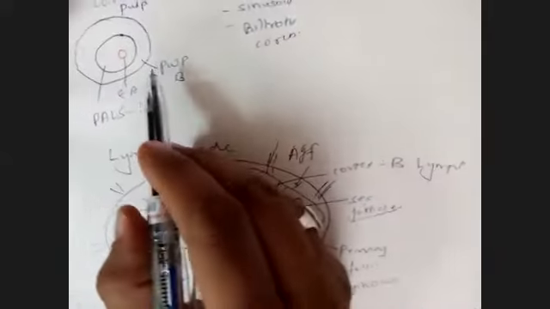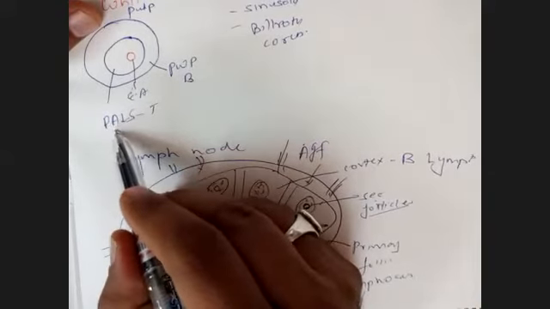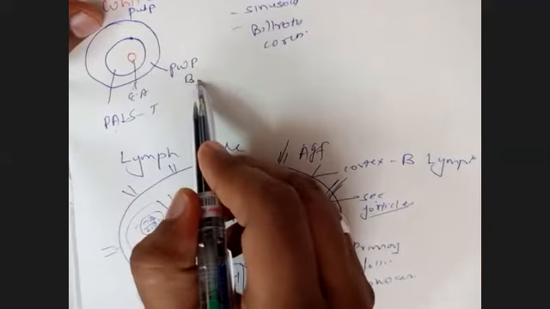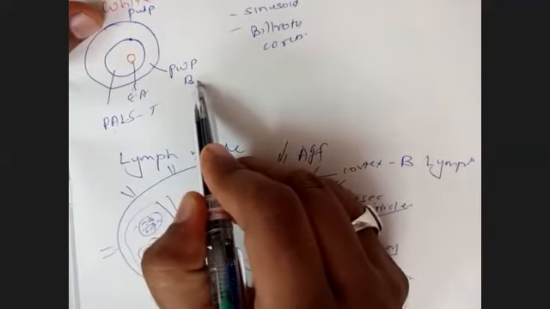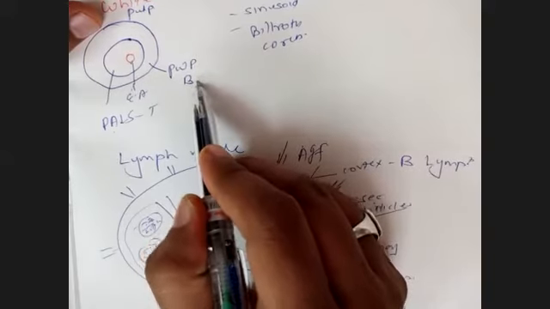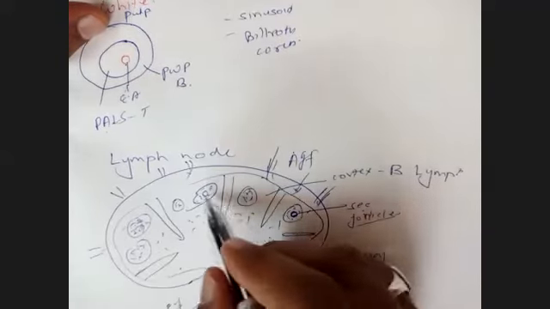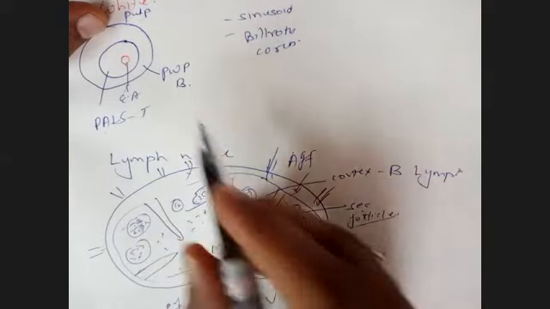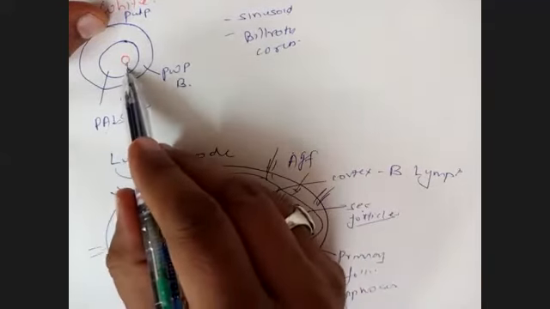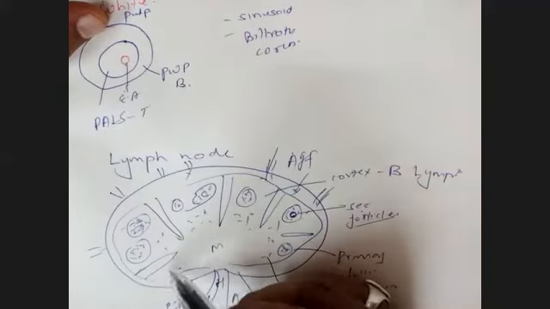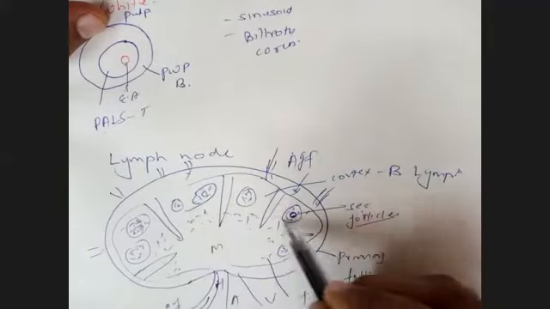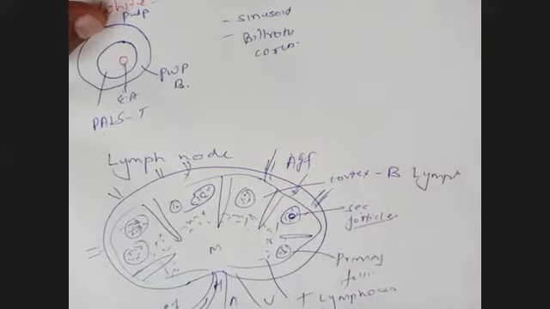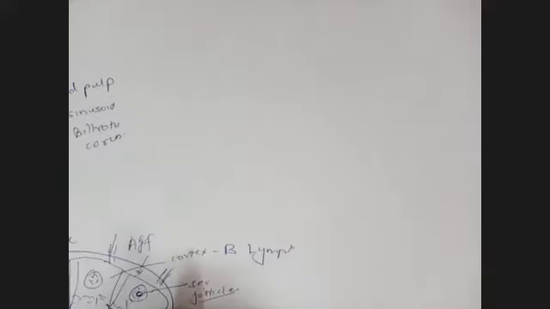While in case of the spleen, the T lymphocytes were in the periarterial lymphatic sheath just around the arteriole. B lymphocytes were in the peripheral white pulp. So from the primary lymphoid organ, they move to the peripheral white pulp of the spleen and the cortex of the lymph nodes where they form the follicles. And T lymphocytes move to the periarterial lymphatic sheath of the spleen and the paracortical area surrounding the medulla. The paracortical zone are T lymphocytes. Okay, so that is the lymph node.